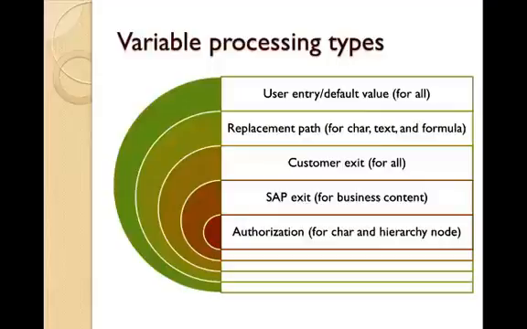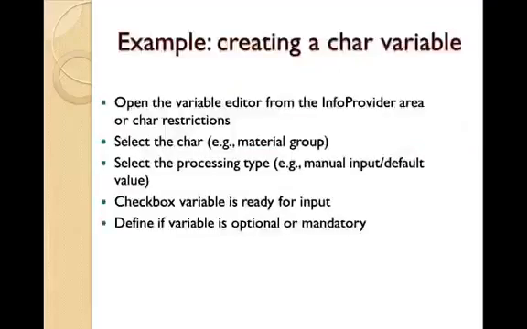I do want to go over a simple example which you will practice in your assignment. That is to create a characteristic variable, on the next slide, which has several steps. They are very straightforward actually.